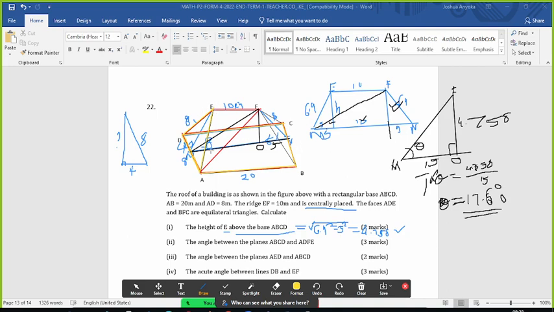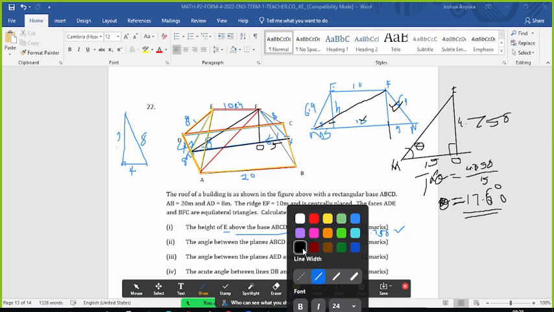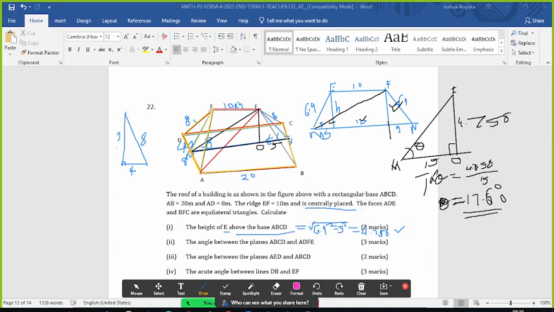Let me use this line here to M, a line from E to M, and a line from M to N. These two lines meet at AD and they are perpendicular to line AD. So the angle we are looking for is this angle here.